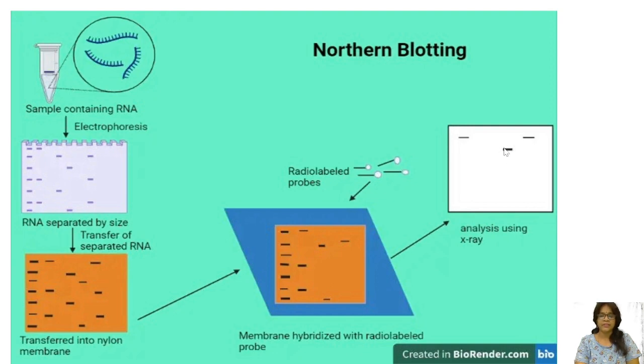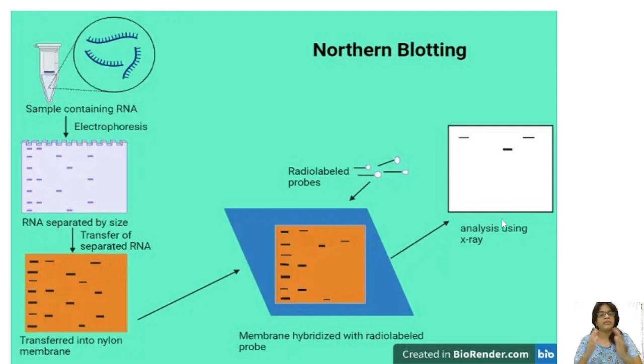This says that this particular sample has a higher amount of target, because more probes got attached to this sample of the gel. In this sample, your target RNA is more. That is why more radiolabeled probes got attached there, and it is clearly shown in the X-ray. So this is how you analyze the blotting techniques.